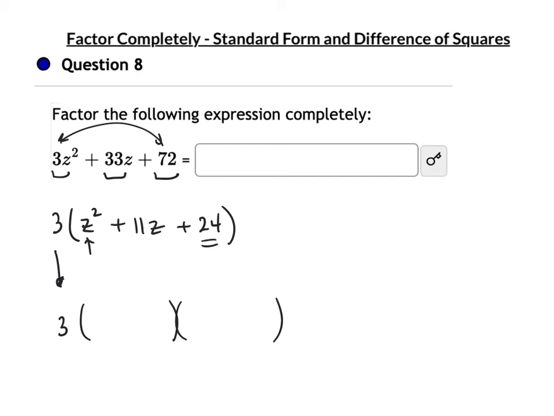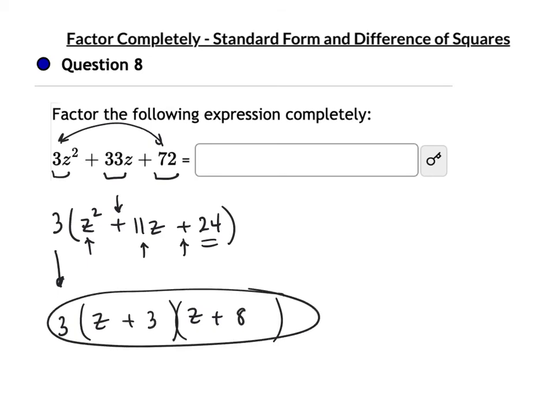All I need are factors of 24 that add to 11. It's a positive 24, so it's either 2 positives or 2 negatives. The middle's a positive, so it's 2 positives. Factors of 24 that add to 11 are 3 and 8. And that's the answer.